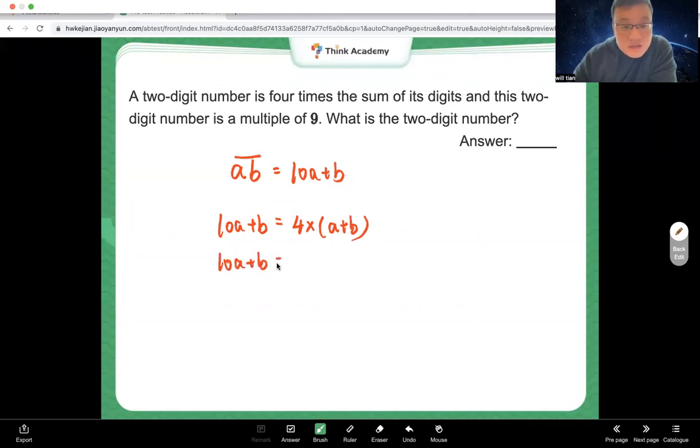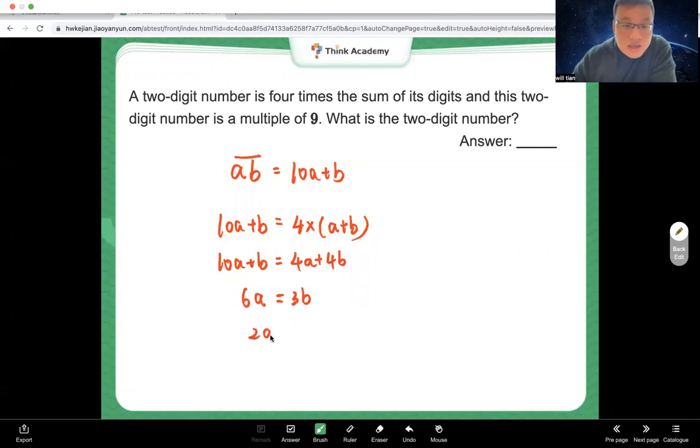10A plus B equals 4A plus 4B. So we can do 10A minus 4A. You got 6A on the left-hand side. And on the right-hand side, 4B minus this 1B on the left. That will be 3B. And then you can divide 3 from both sides.